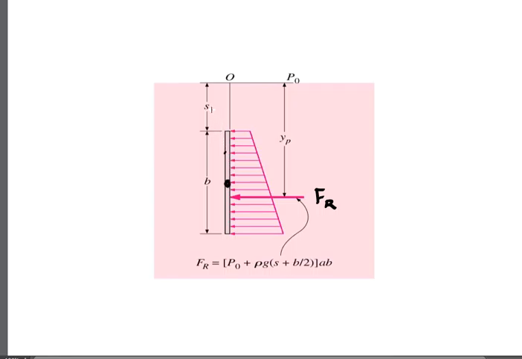The reason is because you have the pressure also coming from this depth S. So your resultant force will be your P naught plus this rho GH portion of it, times the area of the plate.